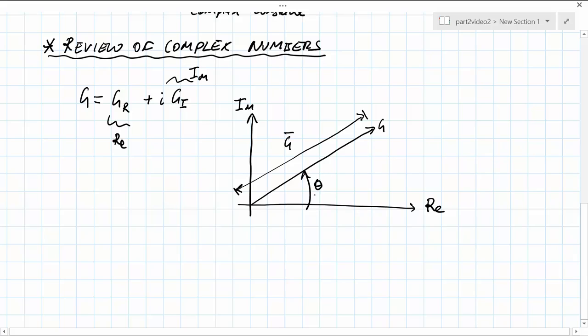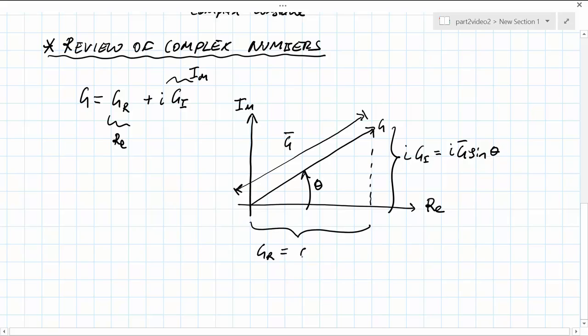Then, by geometry, we can see that the height of this, or the vertical component of this, is i g_i, which is equal to i g bar sine of theta, and the horizontal component is g_r, which is equal to g bar cosine theta.